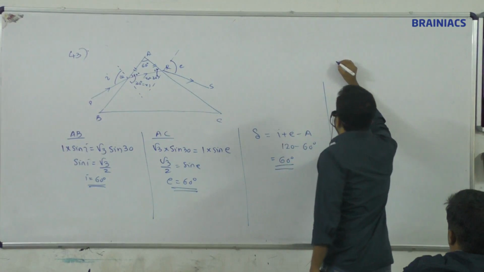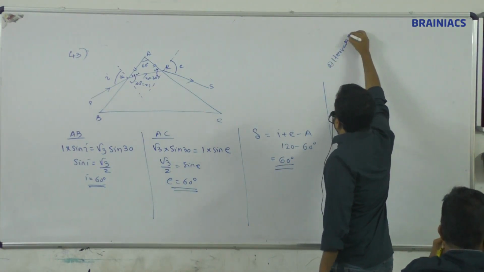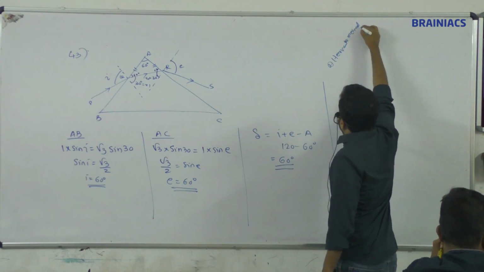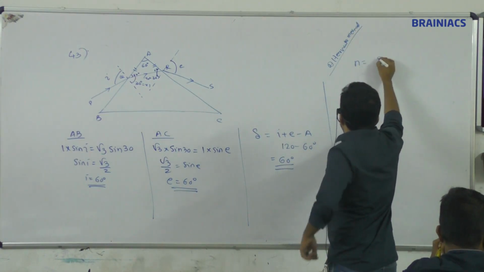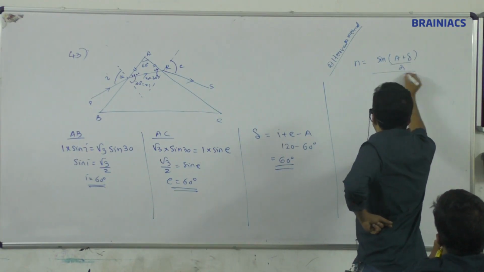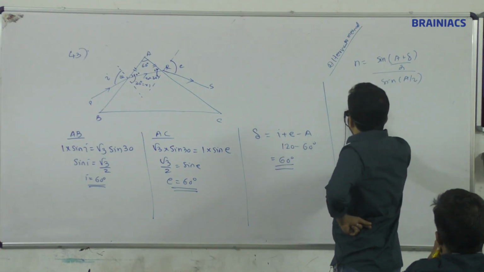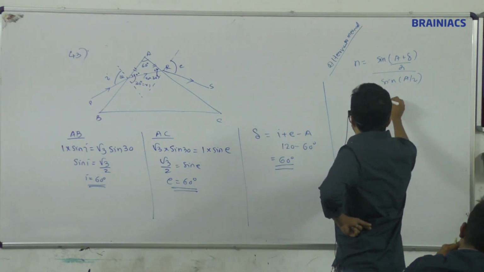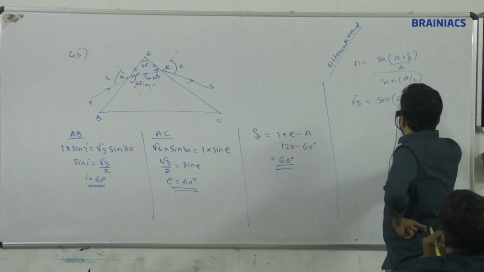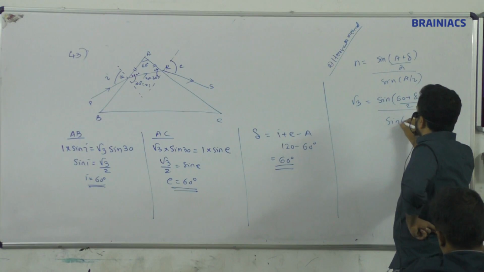Another way, the alternate method. N, the refractive index of the prism, is equal to sine of (A plus delta) divided by 2, whole divided by sine of A by 2. The prism refractive index is √3. Sine of (60 plus delta) divided by 2, whole divided by sine of A by 2.